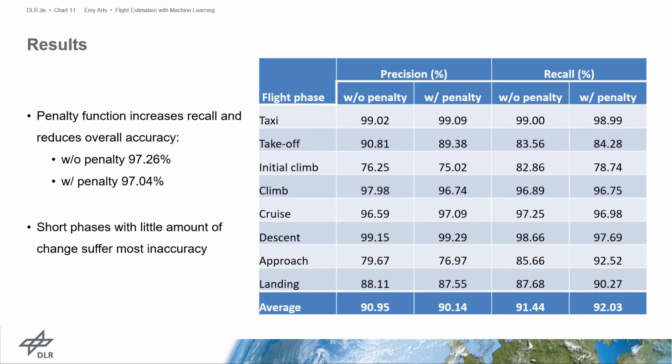But also, since the flight phases are short, if there is an overlap of different flight phases within one segment, this will introduce a bigger error to a shorter flight phase than it would to a longer flight phase. However, overall, the weighted accuracy, or the average between precision and recall, is around 91%, which is still a good result.